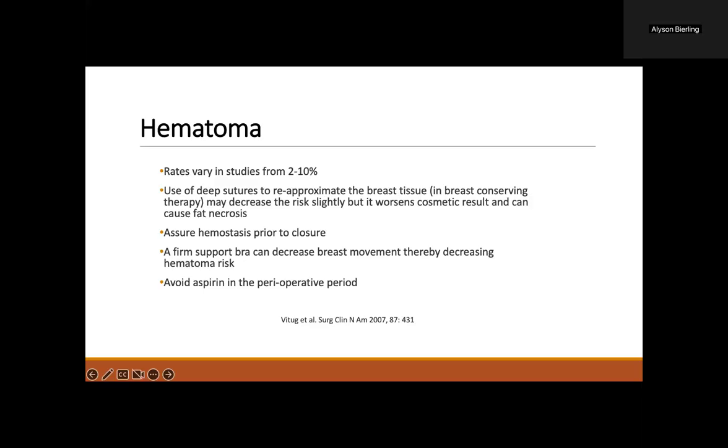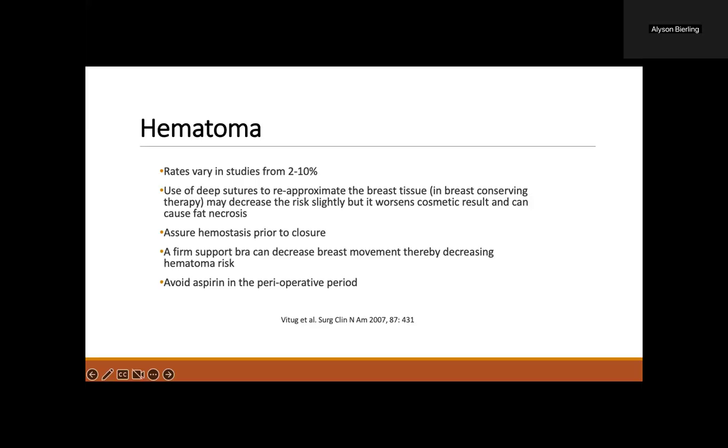They have tried, in lumpectomy procedures or biopsies, to put some deep sutures in, approximating the tissue to see if that lowered the rate. But mostly what that does is it causes a distortion of the breast tissue that becomes apparent when women sit up, because their breasts are in a different configuration when they're lying down.